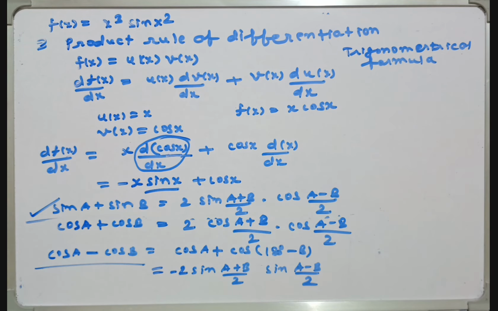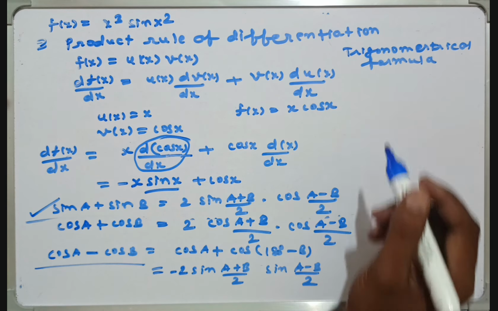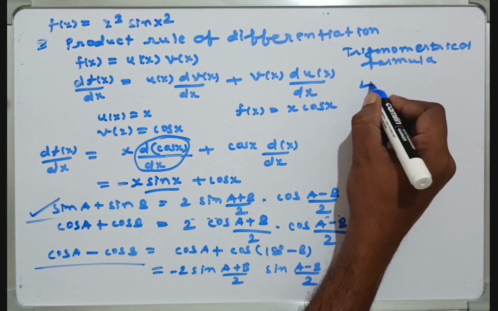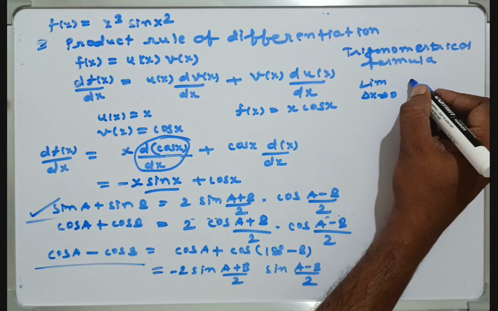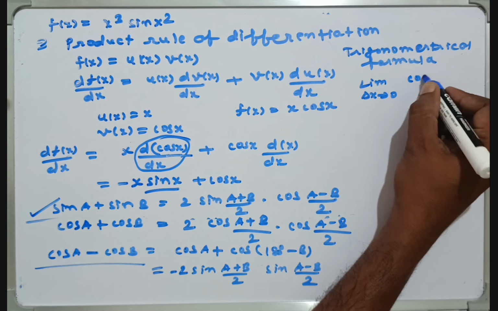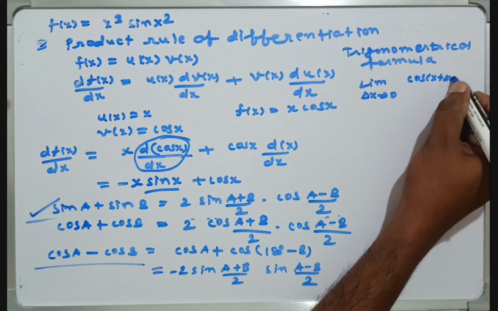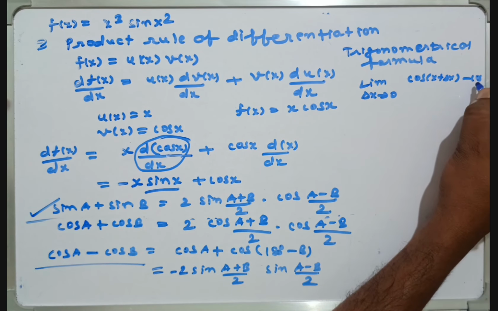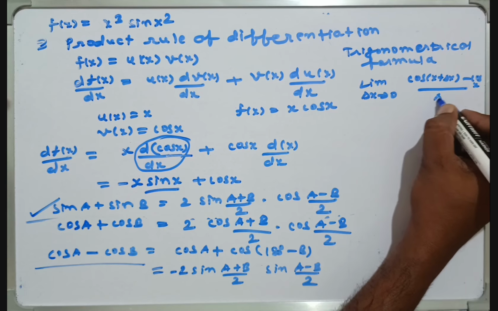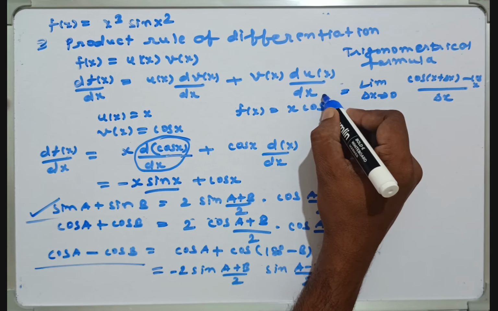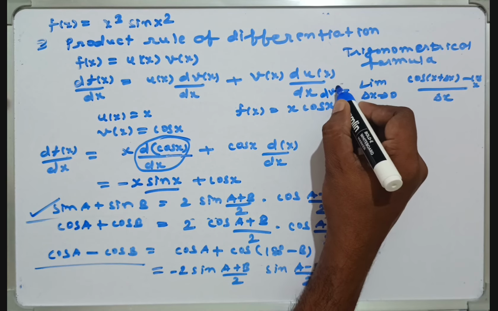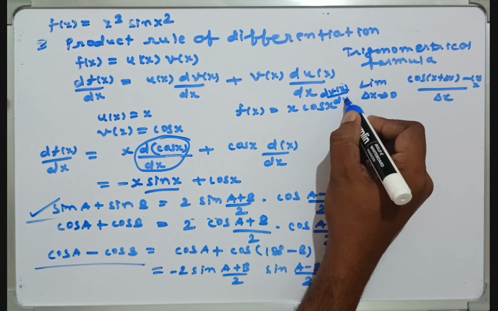Okay. See how it can be used here. We can write limit delta x tending to 0, cos(x plus delta x) minus cos x, divided by delta x. Okay. This will give you dv(x)/dx.